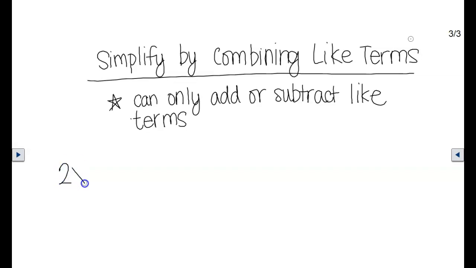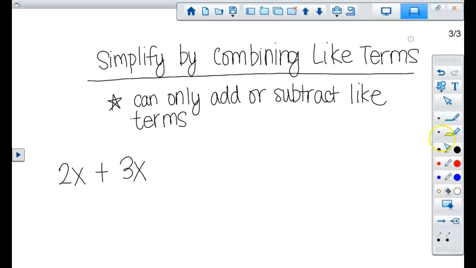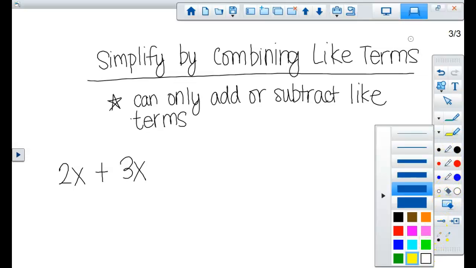So I could take the term 2x and add it with the term 3x. So what you see here is a problem where there are two terms, 2x and 3x. And I'm asking you to take those two terms and add them together. Now I can only add these if they are like terms. And what does it take to make them like terms?